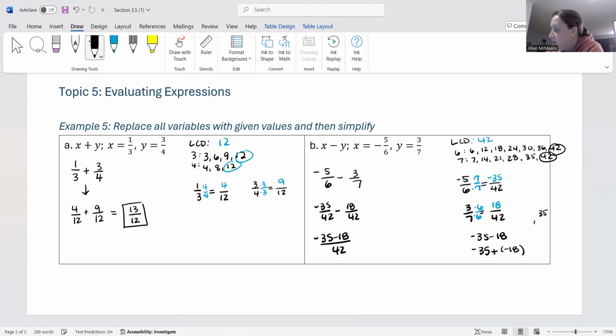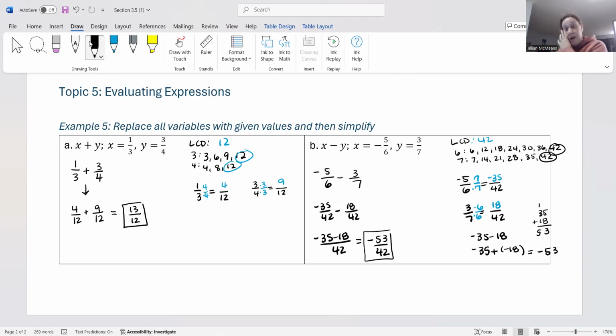So we get 35 plus 18. Well, let's see, 8 and 5 is 13. So I keep a 3, I carry a 1. 1 plus 3 plus 1 is 5. So that tells me this is going to be 53, but since both of those numbers were negative to start, my final answer is going to be negative 53. So over here, I get negative 53 over 42. And again, just leave it improper.